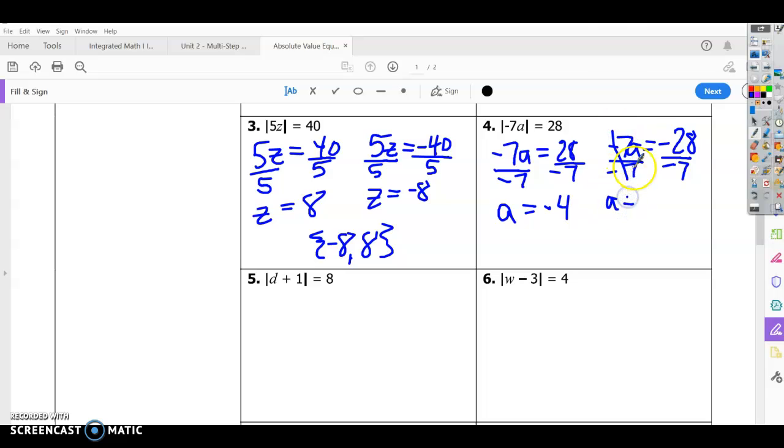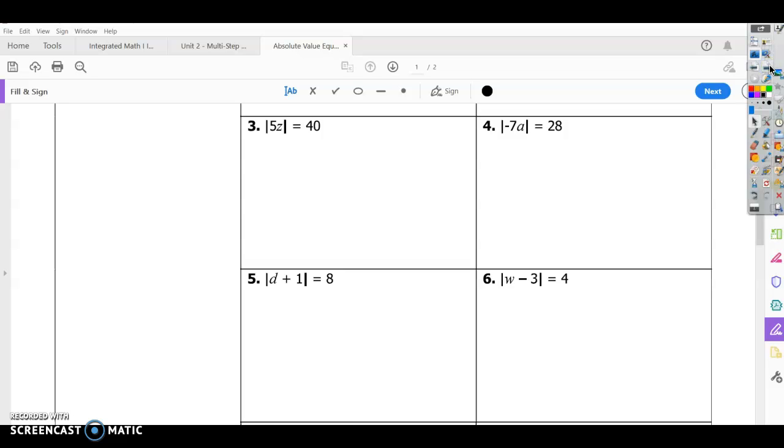And a negative divided by a negative, 2 negatives, when you multiply or divide, is a positive. And my solution set is -4 and 4. All right, now these have all been just the same number, opposite signs. Now we're going to look at how that can change a little bit. So don't think those are always going to be just opposite signs.